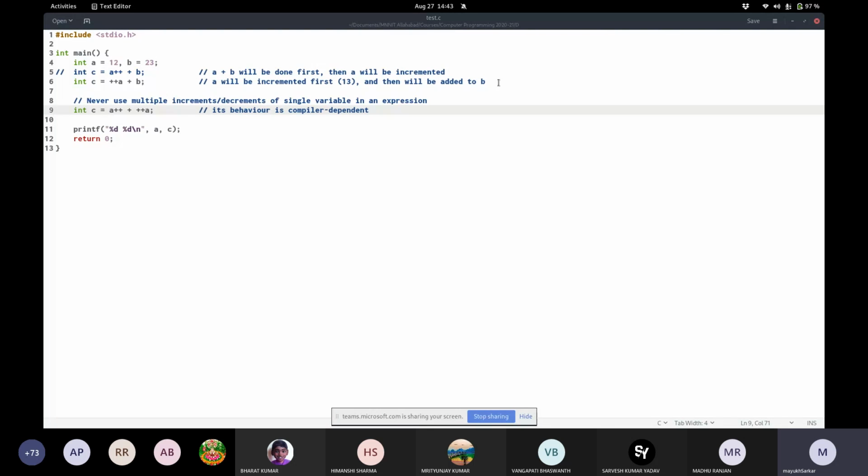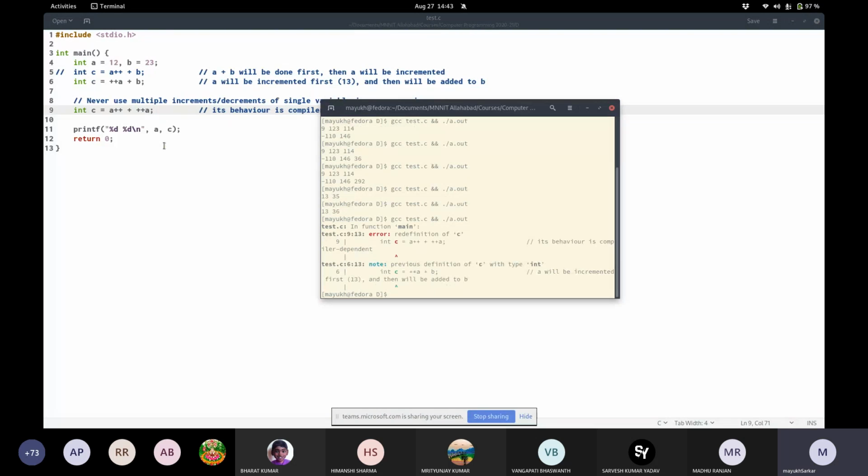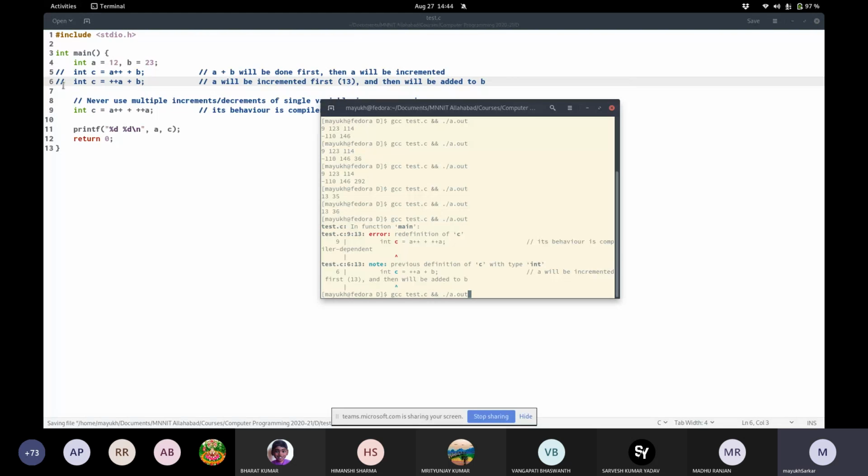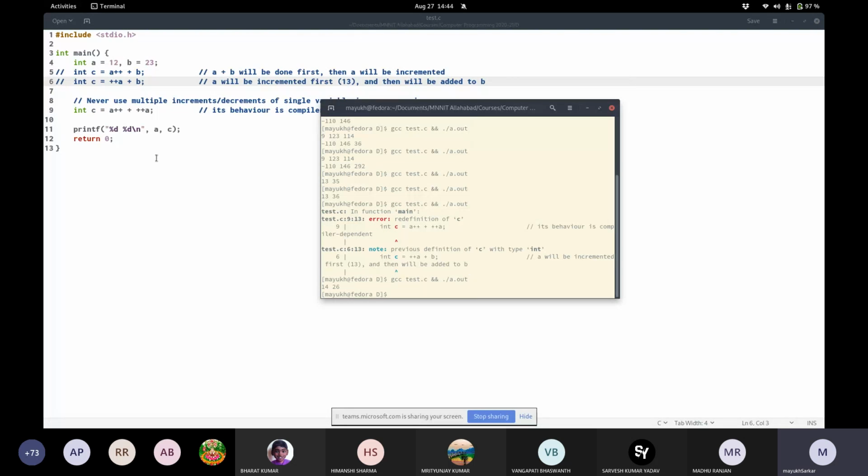Okay, as for example, in this case, if you execute this, you are getting 26. Right?